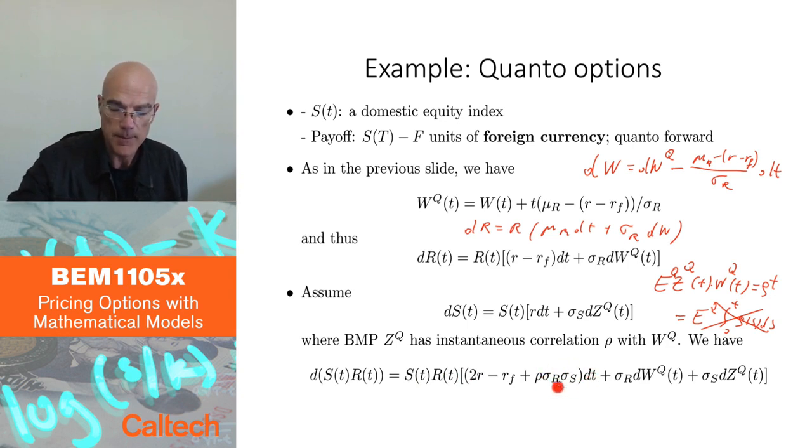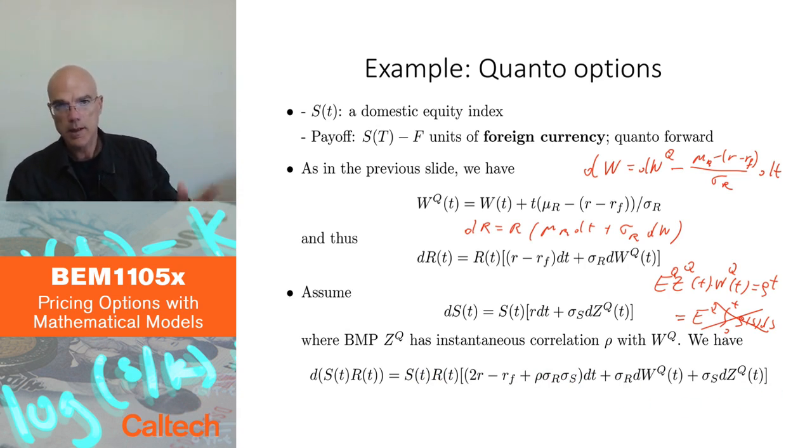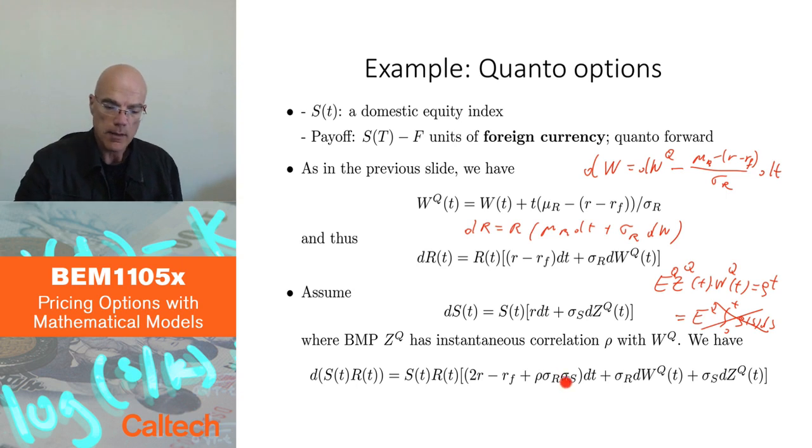That's this extra term, ρ σ_R σ_S R S. The other terms come from the usual derivation of the product, S dR plus R dS, and this is the extra Ito term. So you do Ito's rule on the product and you get this. Again, if that was too fast, you can go back to the slide with the Ito's rule for the product and make sure that you know how to get this from that rule.